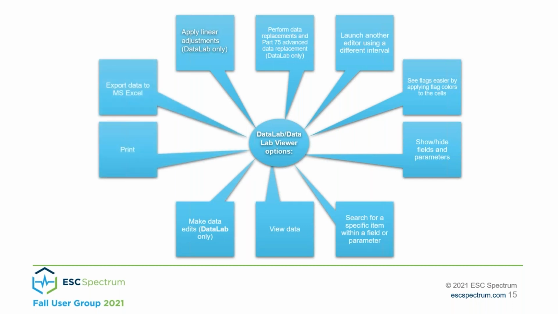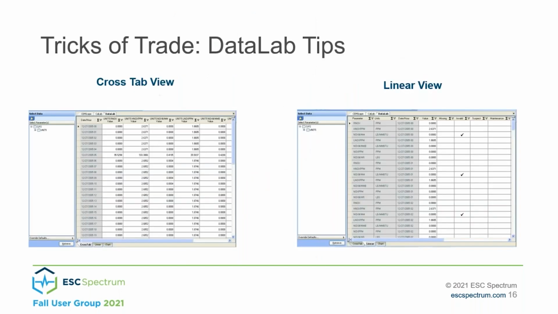There's a lot you can do, and hopefully there are some things in DataLab that you may or may not know about. For example, the tabs within DataLab at the bottom of the screen, cross tab and linear tab, those 2 tabs can give you different results in a different way. We're going to start with the cross tab view.